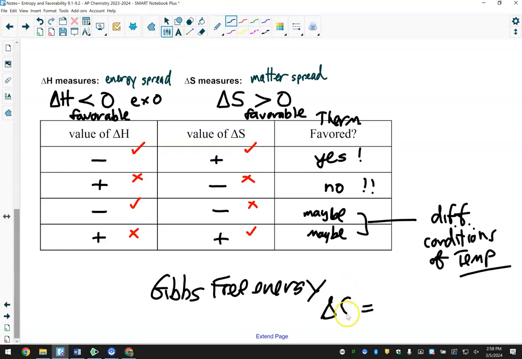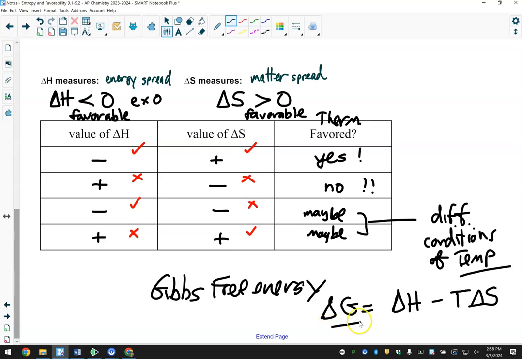The Gibbs free energy, which is going to be called the delta G, hey, for once the symbol matches the name, right, is going to be the delta H for that process minus the temperature times the delta S. So this is where temperature is going to get involved. We're going to do a calculation on the enthalpy change for the process and the entropy change for the process, and we're going to get a number.